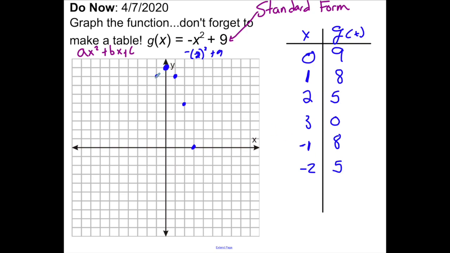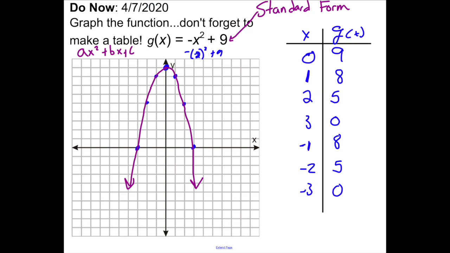And as it turns out, this point 0, this here is the vertex. So then by the symmetry, I also get this. And then I connect and I make my parabola.